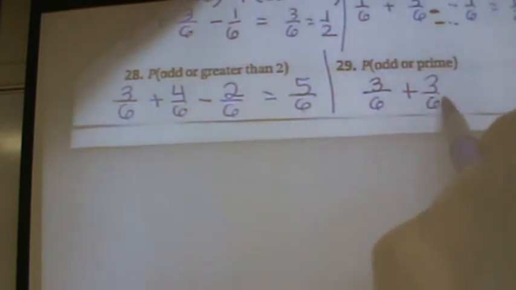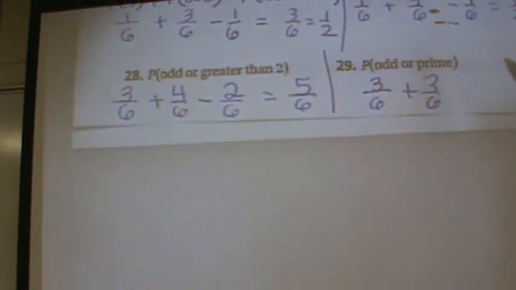Why is 1 not prime? It's not. It just isn't. I know, I think it should be, but it's not. It has to be 1 and itself, and they don't include 1 as being prime. We had this discussion fourth hour, and we looked it up, and 1 is not included.